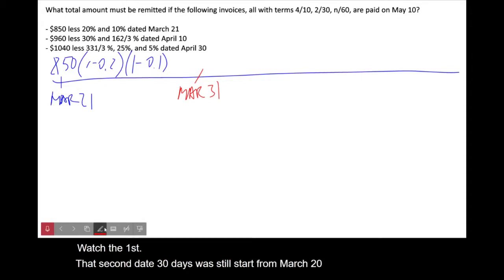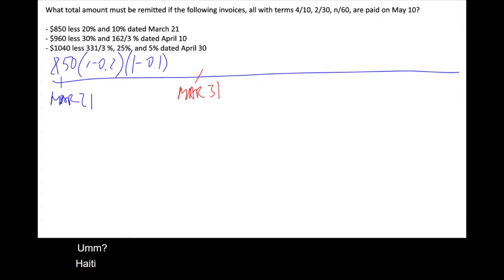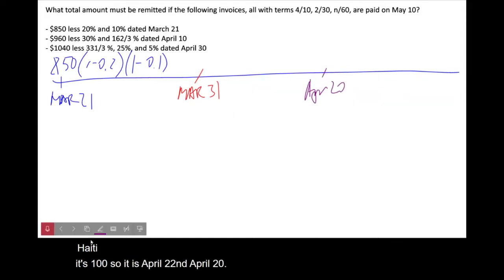Then second date, 30 days, we still start from March 21. So March 21, 80. Oh, actually, yeah, it's 110. So it is April 20th, right? April 20th. Where do I pay?